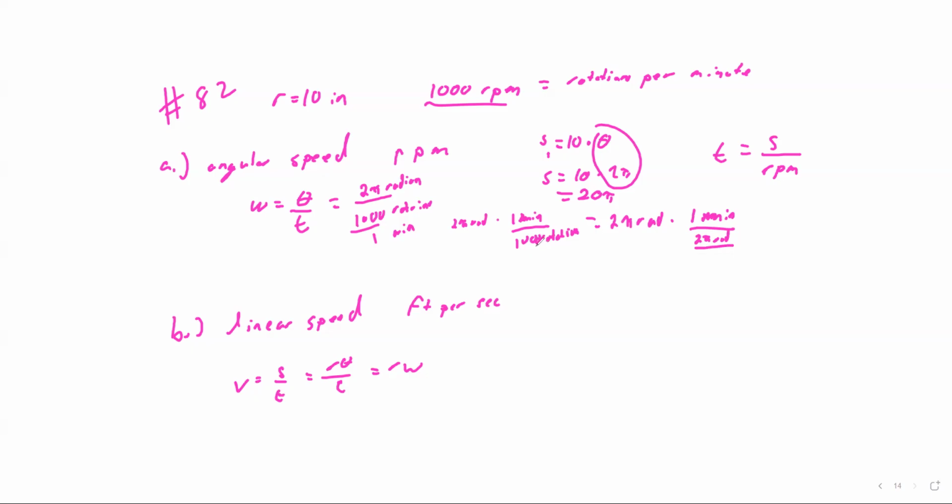So there's 1,000 rotations, and we want to convert that into, see, we're trying to get radians per minute. I need to figure out how many minutes.